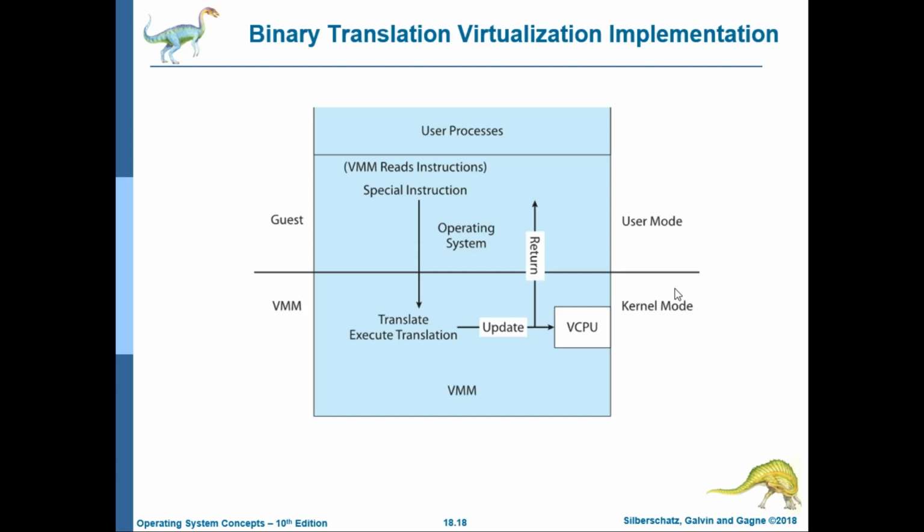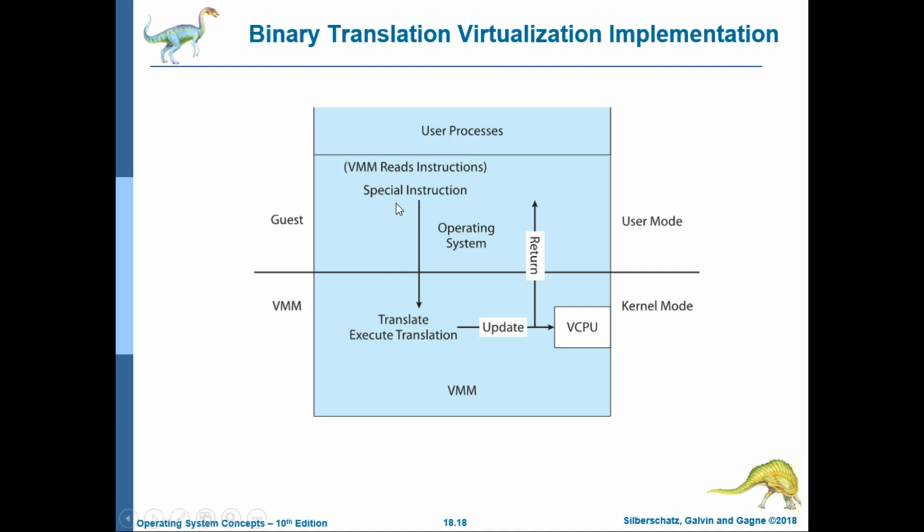So we have this illustration of a binary translation virtualization implementation. Again, the guest operating system is running in user mode, and our virtual machine manager runs in kernel mode. It also has a set of user processes, and the VMM reads instructions.